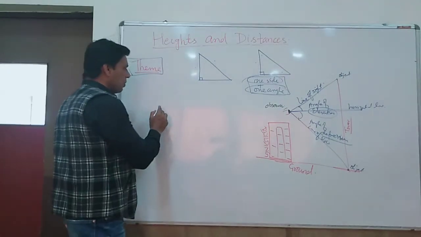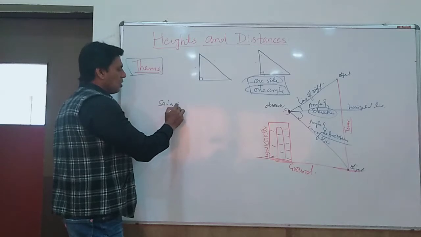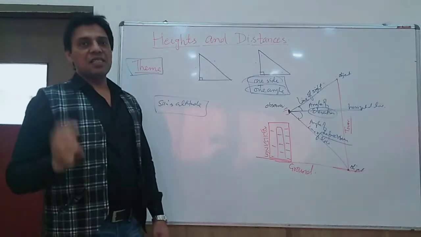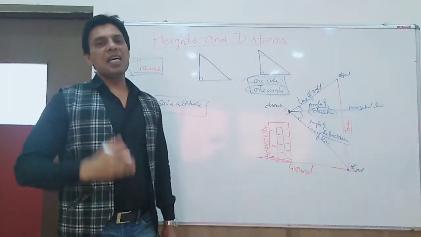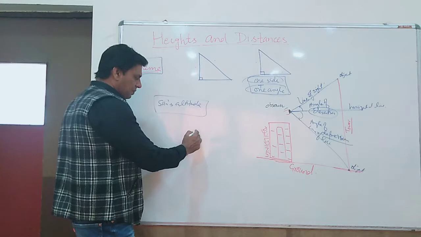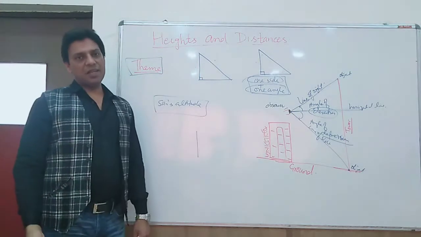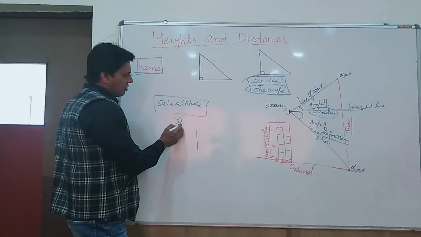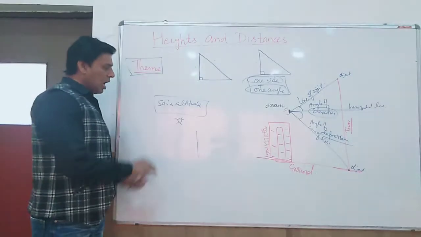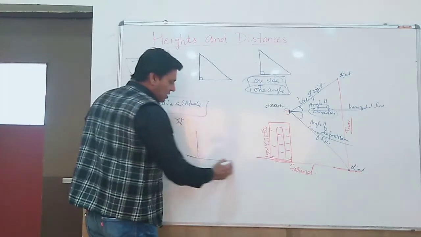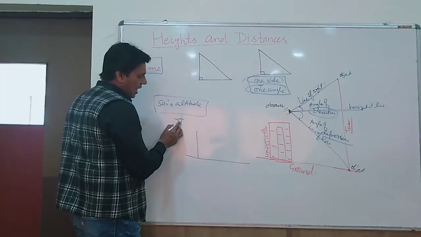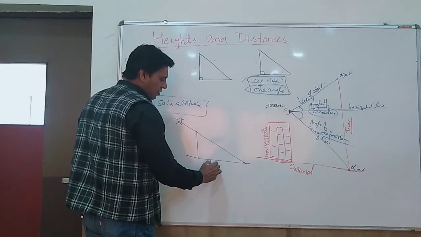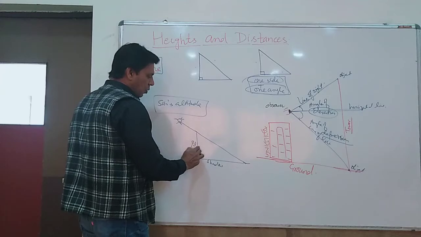Number two, what do you mean by sun's altitude? Because in some questions it will be given. Suppose this is a pillar or a pole and this is the position of the sun. You know how it casts the shadow. So the light will travel in a straight line like this, and this will be the shadow of the pole.